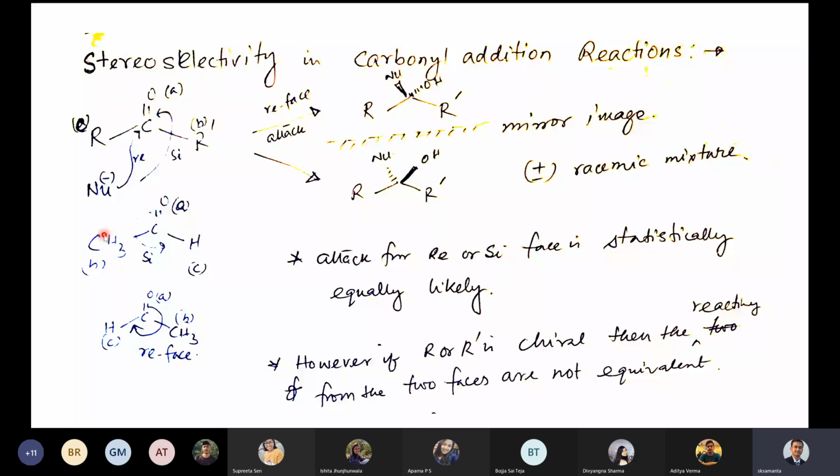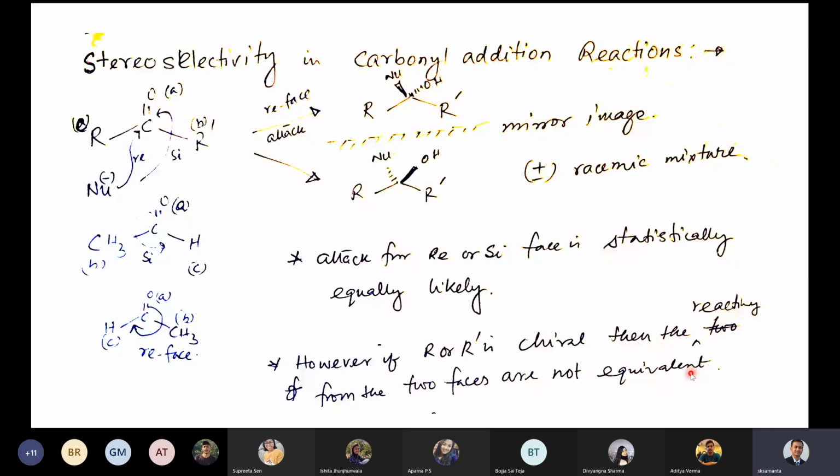This selectivity issue comes up. This is what is mentioned here: if R or R prime is chiral, then the reactivity from the two phases is not equivalent. Then the question of the major product comes into play. Clear? Please understand this very clearly and stop me if there is any doubt.